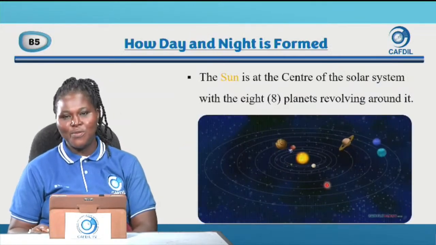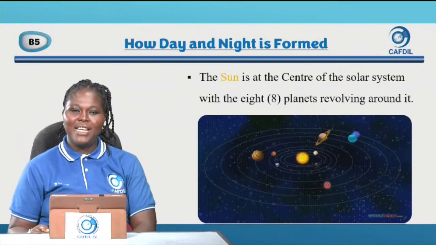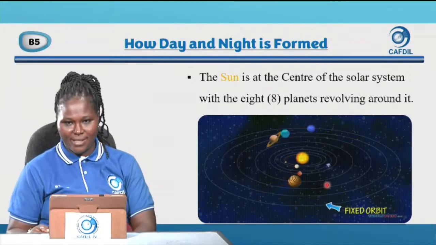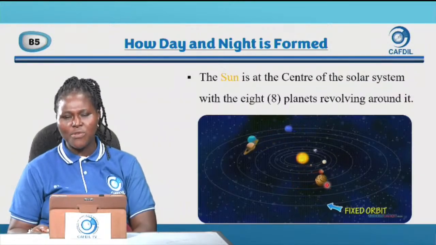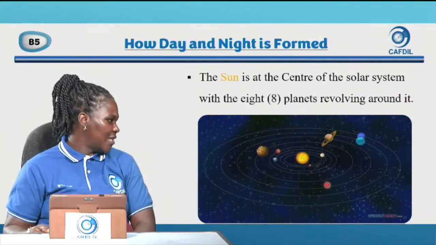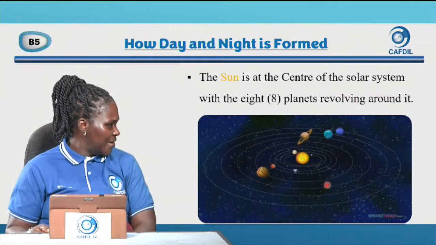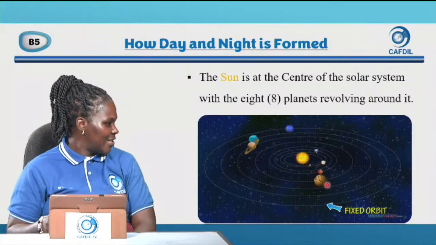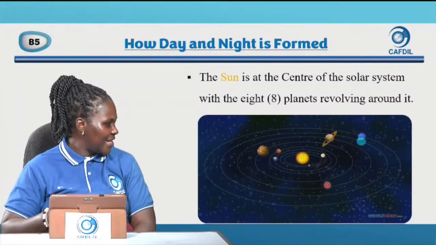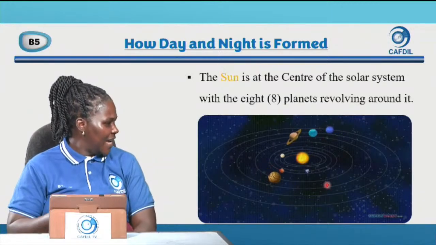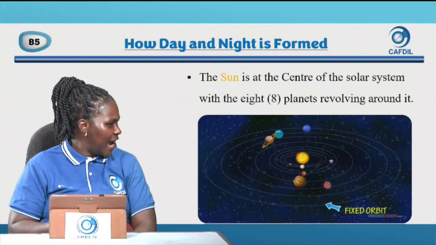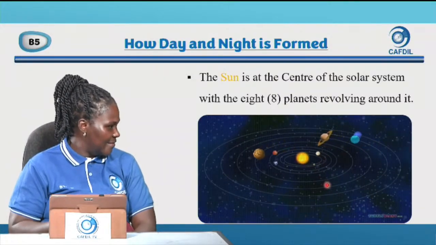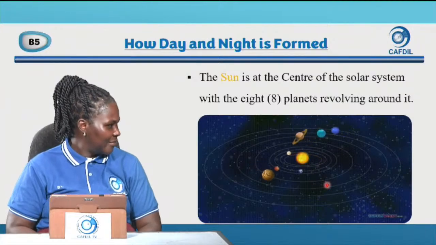Good. So let's continue. The sun is at the center of the solar system with the 8 planets revolving around it, as we can see on our screen.